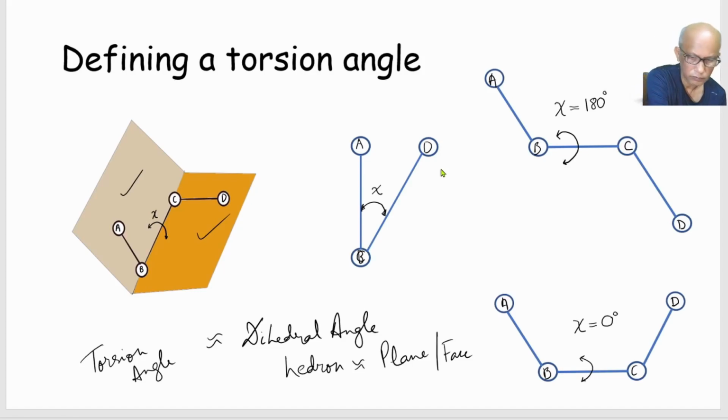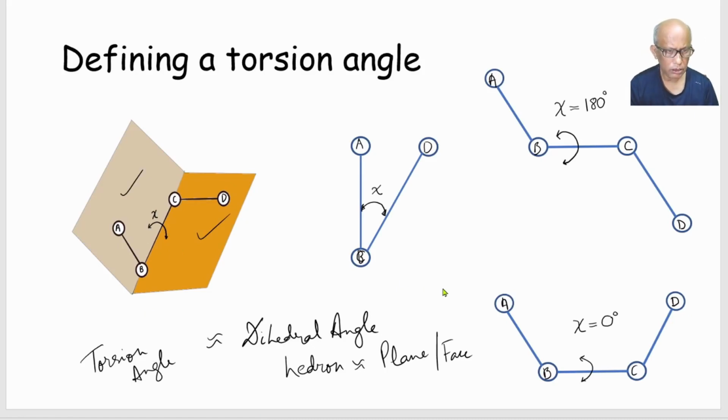Like you have a crystal face, which is also a plane, of course. So that is often called a hedron in Greek, and from it comes the word dihedral, that is the angle between 2 planes. And the word torsion comes in because any change in this angle can be brought about by rotation over the BC bond. So to specify that particular rotation, we sometimes call it the torsion angle also.